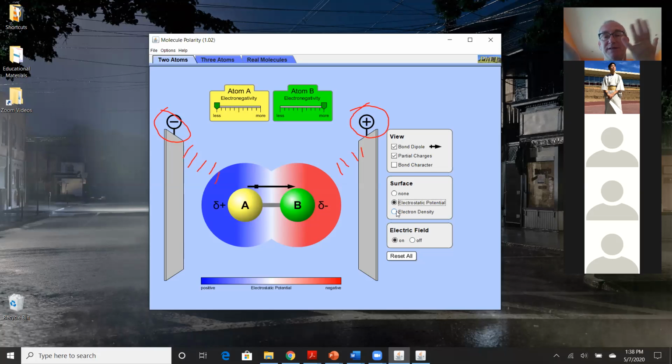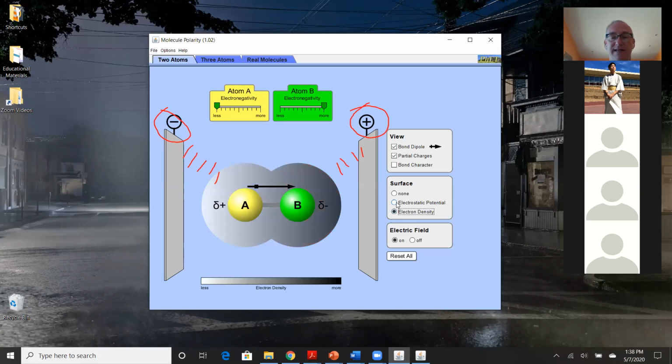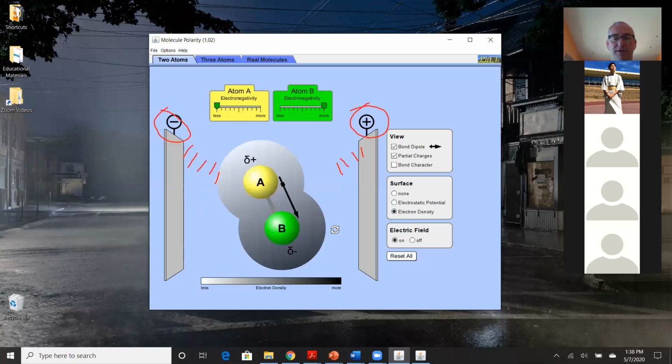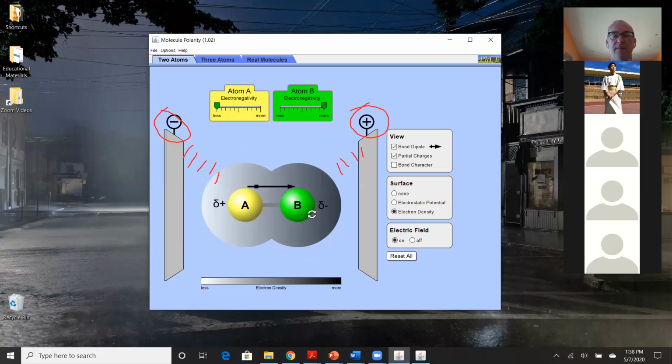Electrostatic means, is it positively charged or is it negatively charged? So wherever the electron density is greater, it's going to be the negatively charged part. And wherever the electron density is less, that's going to be our positively charged part. Okay?